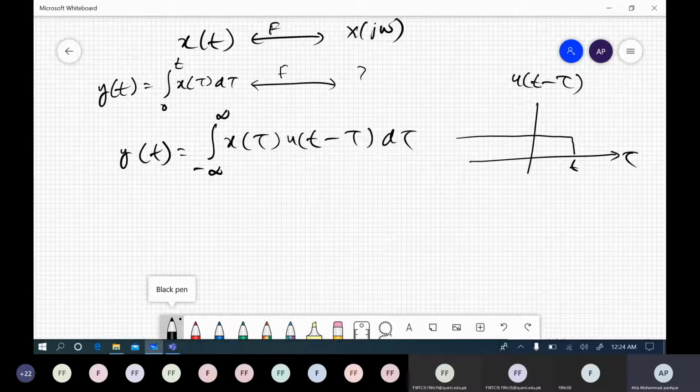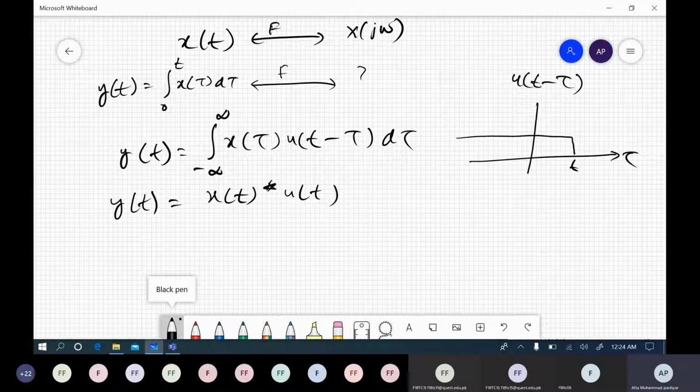Now we can also rewrite it, this is actually a convolution, so we can rewrite it as x of t convolved with u of t.